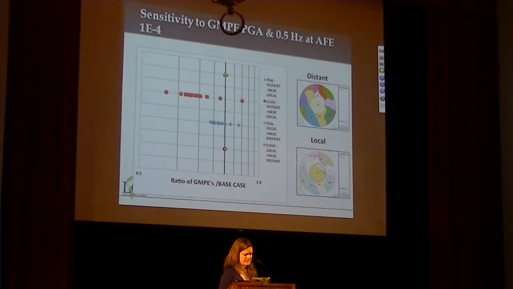The base case is the NGA West 1 models, right? Which for the most part don't have anelastic attenuation. Yes, the base case is NGA West 1, which does not have anelastic attenuation for the most part.